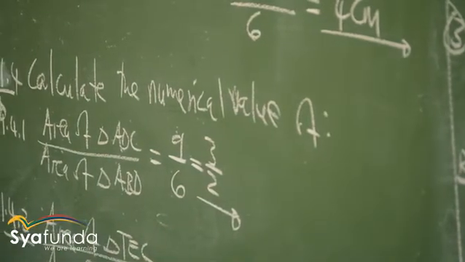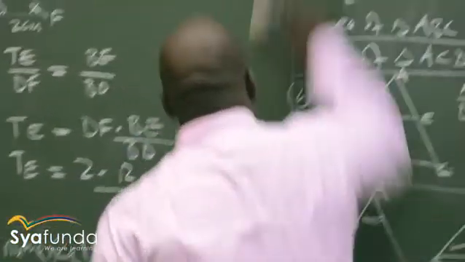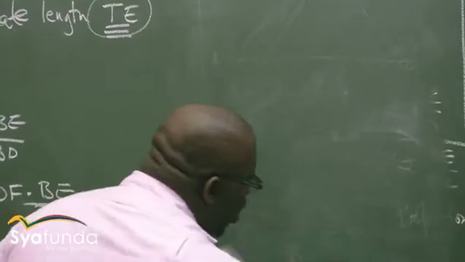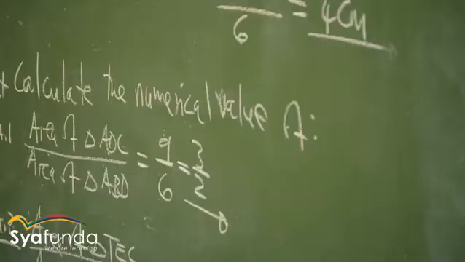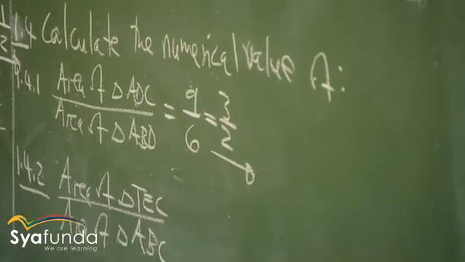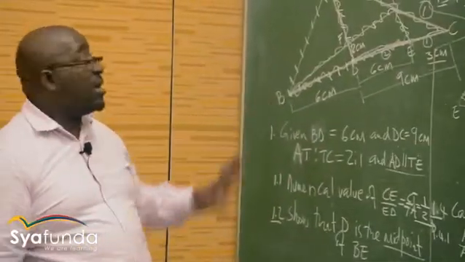All right, I want us to look at this last one, which is very important. It is important that when you do these problems, you also think out of the box. Let's look at the last problem there. The area of triangle TEC over the area of triangle ABC. Let's look at those two areas on the diagram.